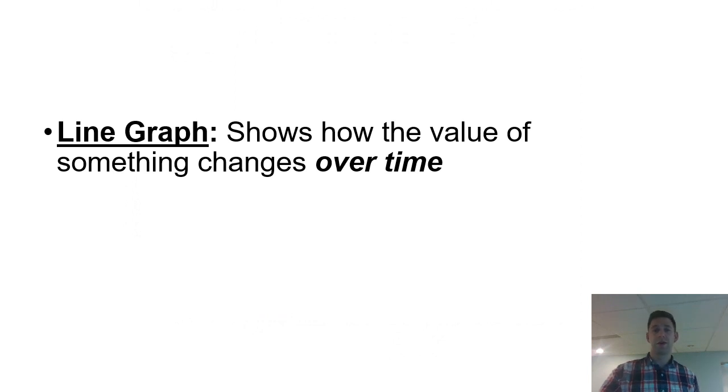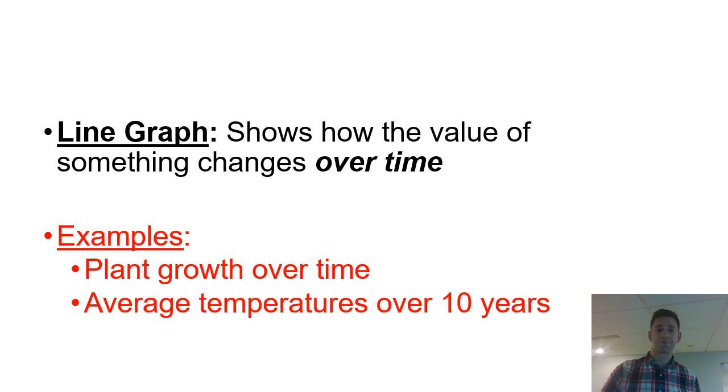Next, we have a line graph. A line graph shows how the value of something changes over time. Notice I bolded over time. That's key here because pretty much any instance that the x-axis is measuring time, a line graph is going to be most appropriate. So here, if you're growing plants, but you actually wanted to track their growth over 2 weeks, a line graph would work.